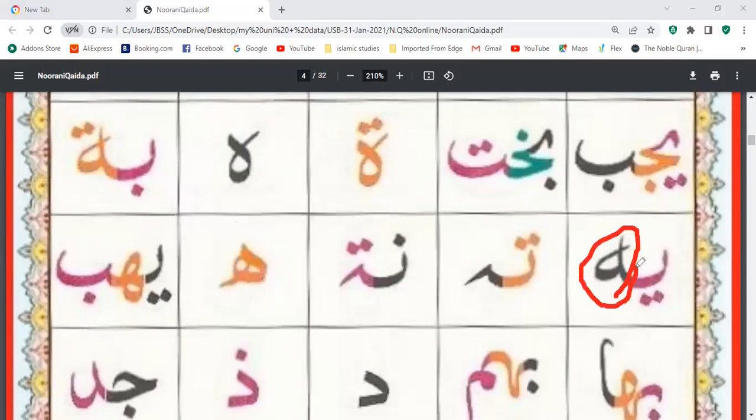Ha. And then this shape again, ta. And if we omit the dots, it will become ha. And there is another shape of ha having two eyes.